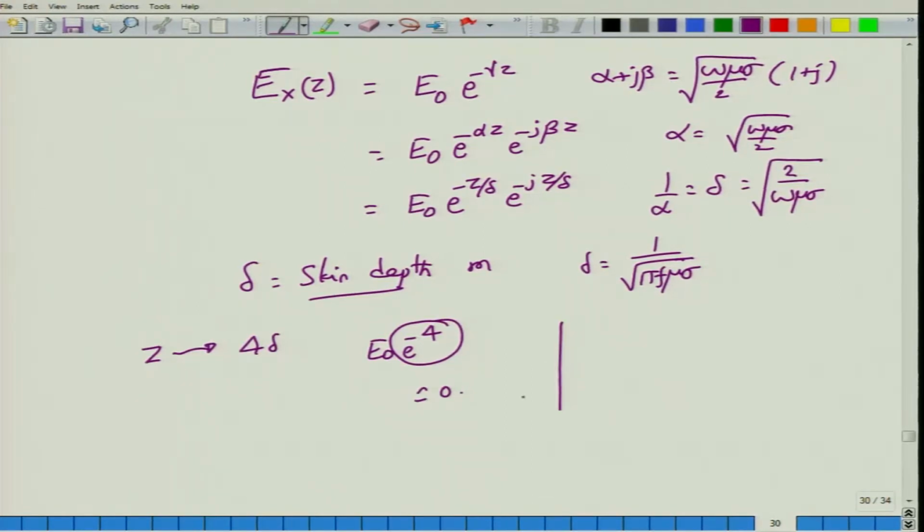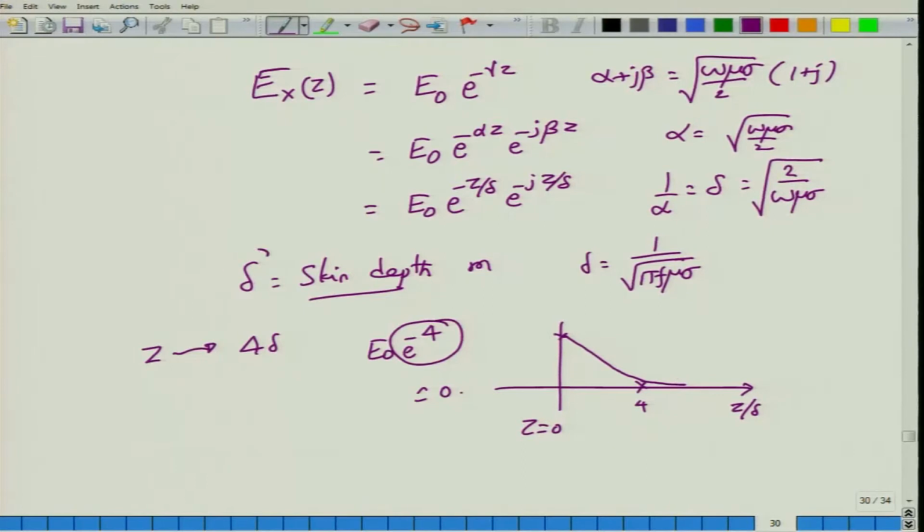So, at some z equal to 0, the wave enters into the medium, a good conductor, and as it propagates for about 4 delta, the value of the electric field would have dropped almost to 0.